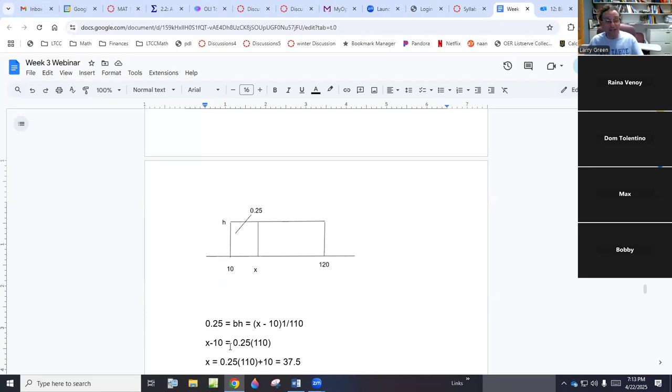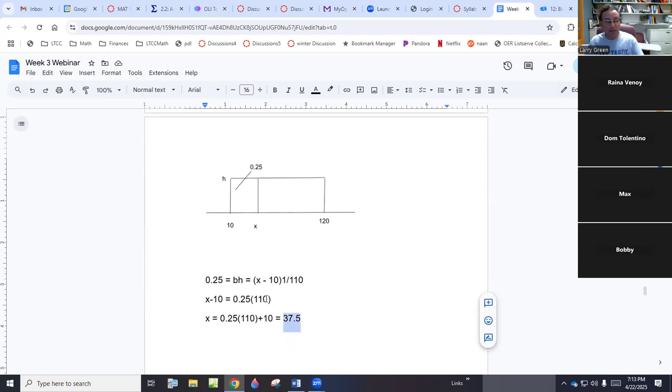I have an x minus 10, so I add 10 to both sides. And I get x equals 0.25 times 110 plus 10, which is 37.5. So what we can say is that 37.5 is the first quartile of the time students spend with the tutor.